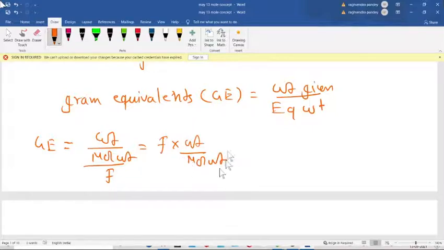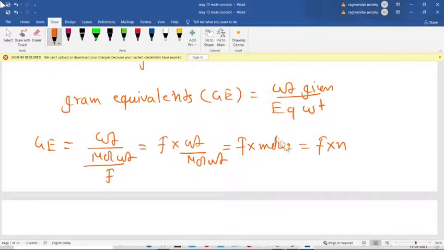Now tell me, what is weight upon molecular weight? That is your number of moles. Moles we write as n. So F into n is your gram equivalent.